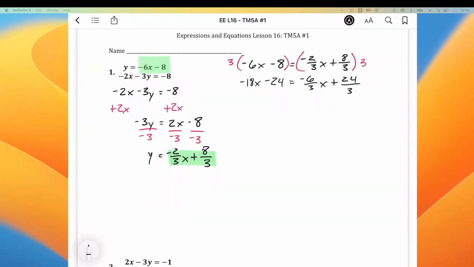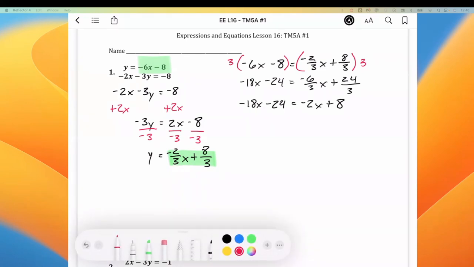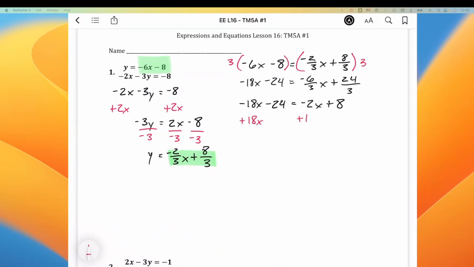Now those fractions are going to divide out. We get negative 18x minus 24 is equal to negative 2x plus 8. And so we want to get x by itself. And so it seems easiest to me to get x by itself by adding 18x to both sides.